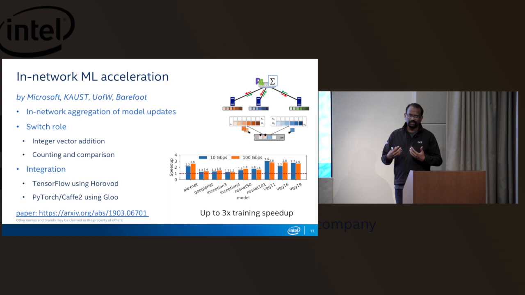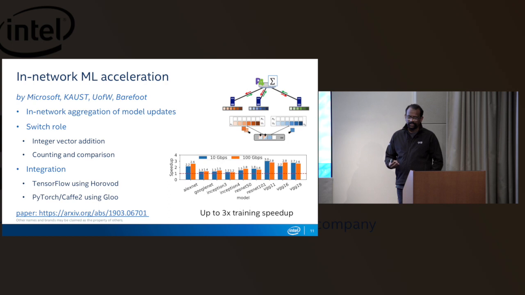We have done integer vector addition and then sent them back to the workers. And through this work, we were actually able to see up to 3x speed up in training workload completion time. So again, another example of what you can do with a programmable switch ASIC.